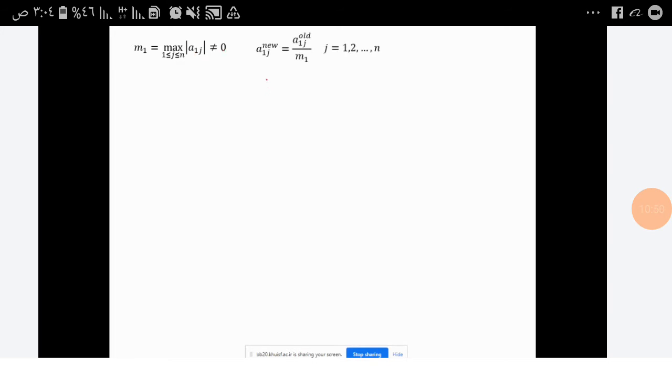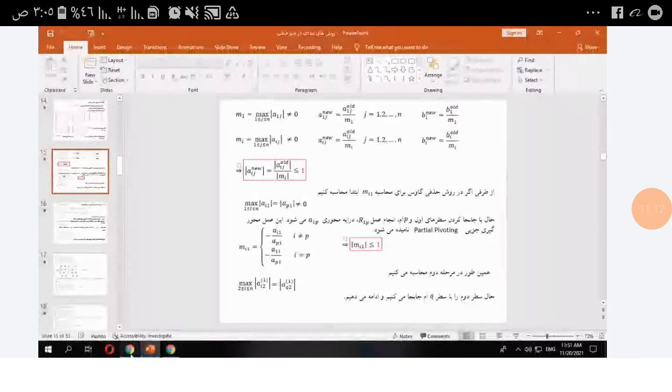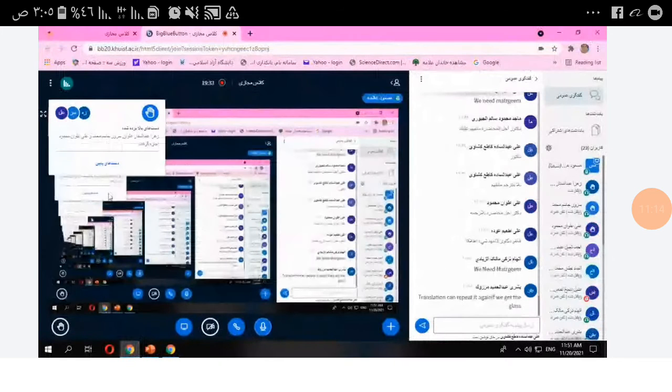Now we define a1j new in the first row equal to a1j old divided by m1. It's a scaling.